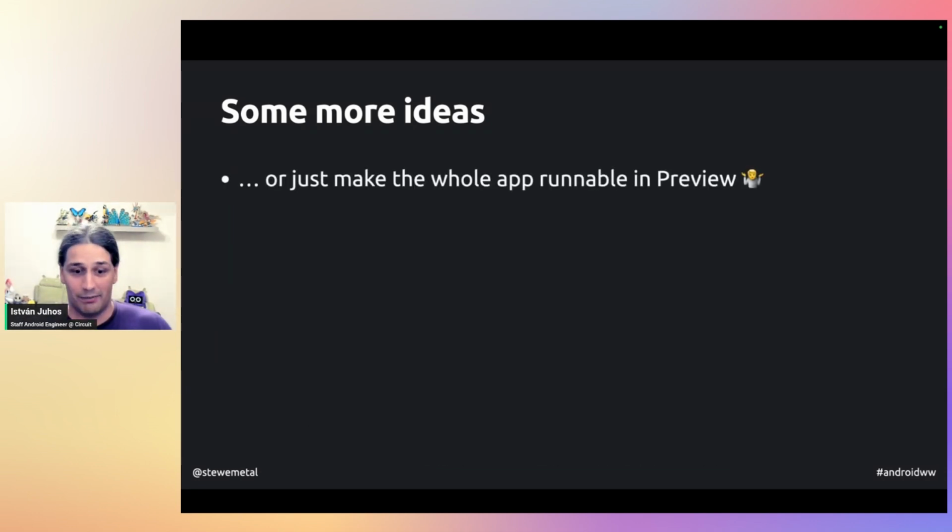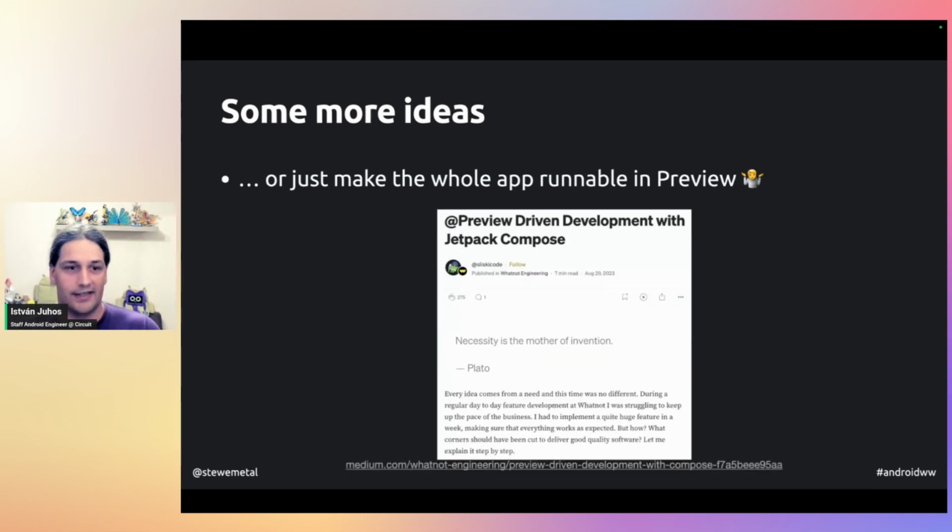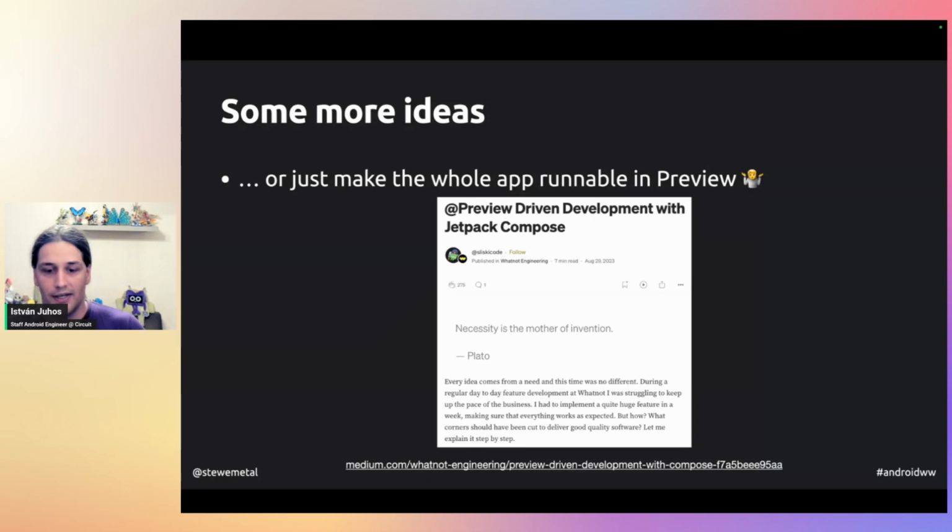Or a really big idea that I got from talking with a really nice guy called Slisky Code at DroidCon Berlin a couple of weeks ago. This nice engineer wrote a whole app, or well, pretty much a feature, that can work in isolation in previews.